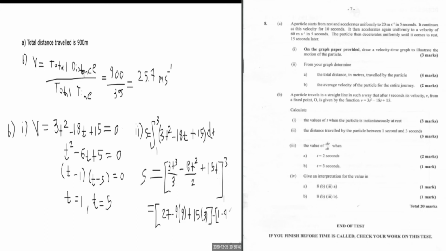Then 1 times 15 is 15, so plus 15. So this works out to 27 minus 81 plus 45. That's negative 9.